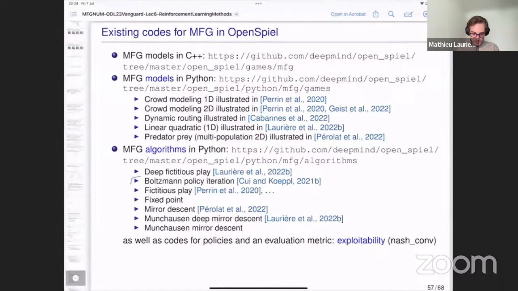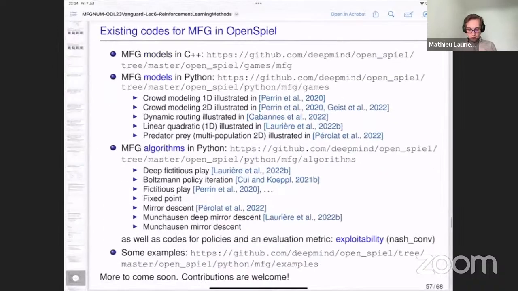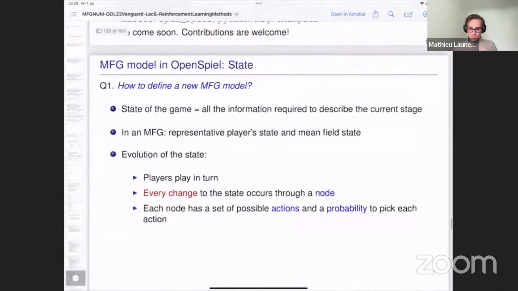So I think that these ones and this one are without RL, and this one and this one have deep reinforcement learning inside. And you can then define many variants based on this. So you can look at the code and modify it. The main notion to check convergence is exploitability. Okay, and there is more to come soon.